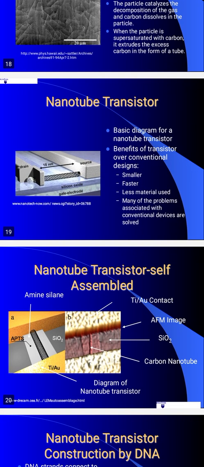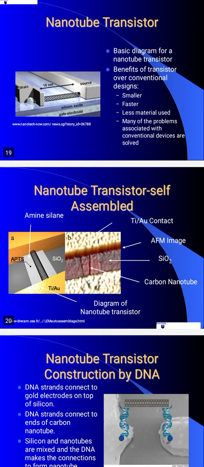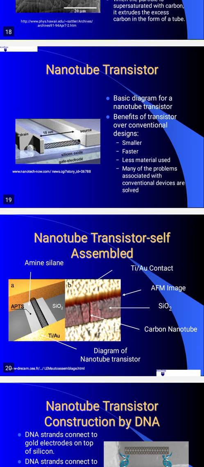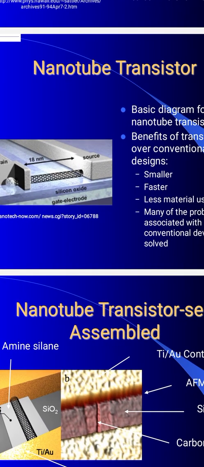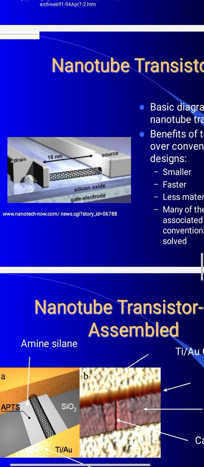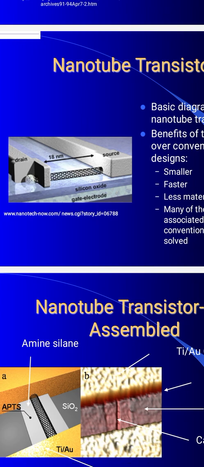Just see these slides. This is a carbon nanotube transistor. See here, the nanotube is used to connect between drain and source. And the layer below is silicon dioxide, that is the gate there. Gate electrode is there, source and drain are there, the channel is our carbon nanotube.